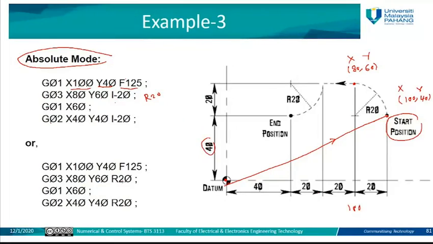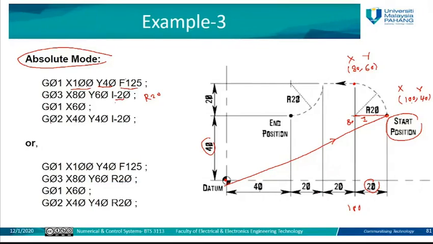Because the distance on the X coordinate from the start point to the center is 20. This is the value of I. It is the center value, which is 80, minus the start point, which is 100. So 80 minus 100 is equal to -20. So we said I is equal to -20.